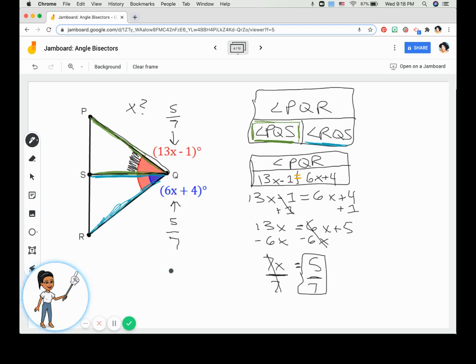Okay, so take a look at it. We're using these relationships to solve, and that's what geometry is all about. Using relationships, using the algebra skills that we know and love to solve for unknowns.